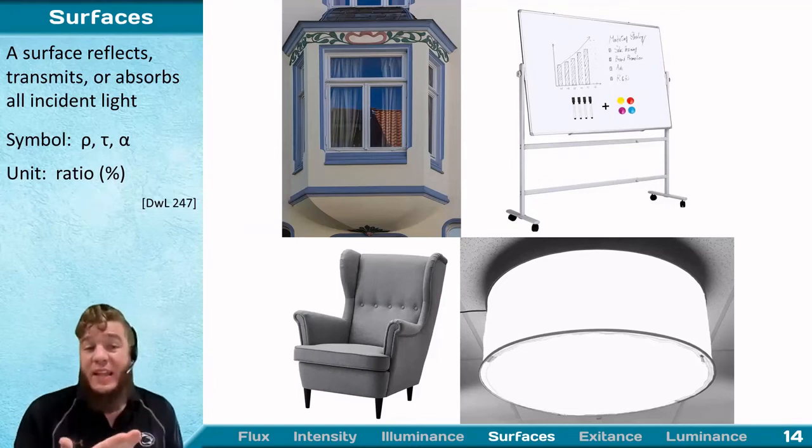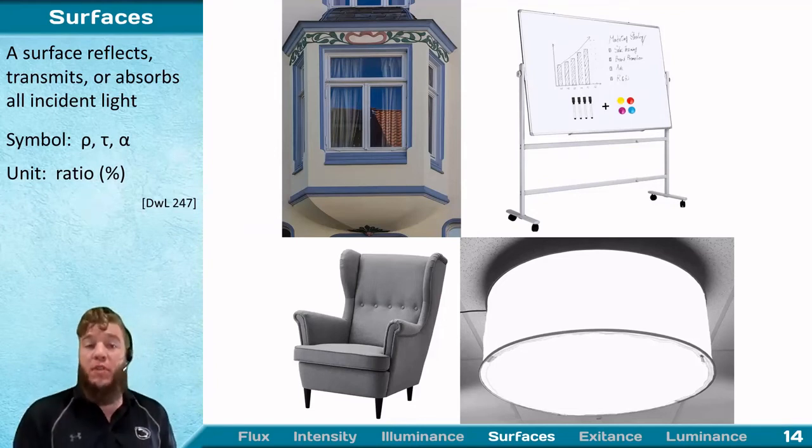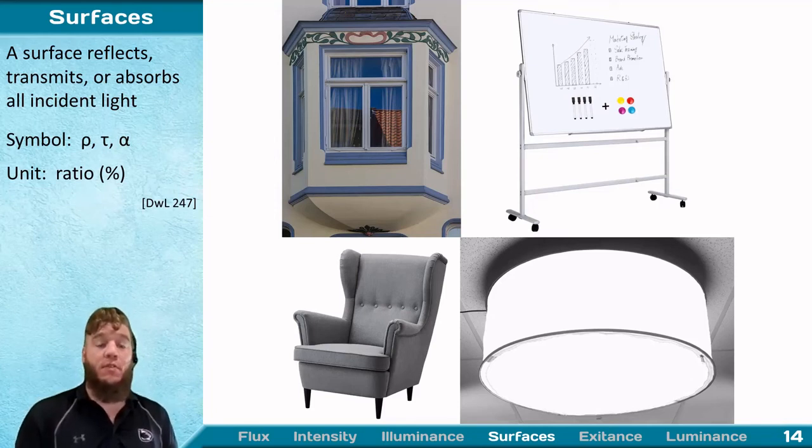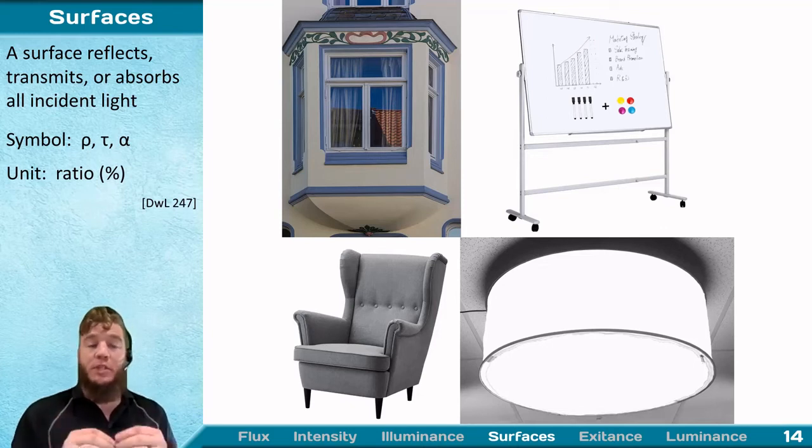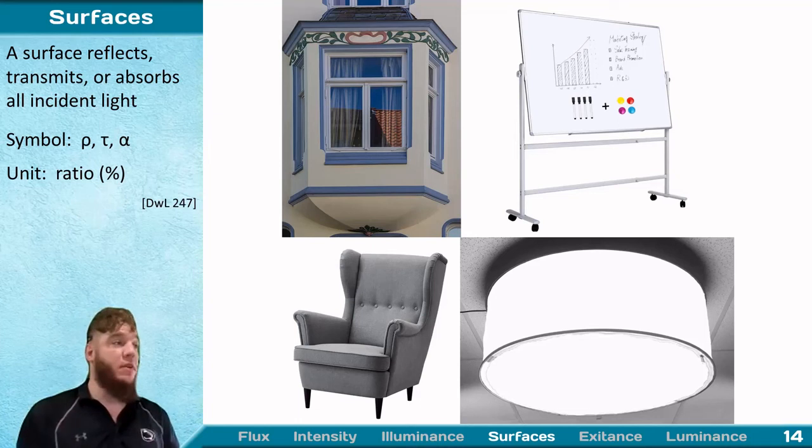So windows and glass in general are almost always specular surfaces, with the exception of frosted glass, which is meant to be highly diffuse. We can talk about that chair. Fabrics are almost always going to be Lambertian. So most of you got that one correct. That chair is primarily Lambertian.